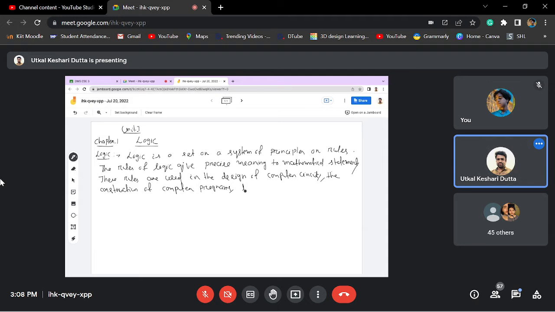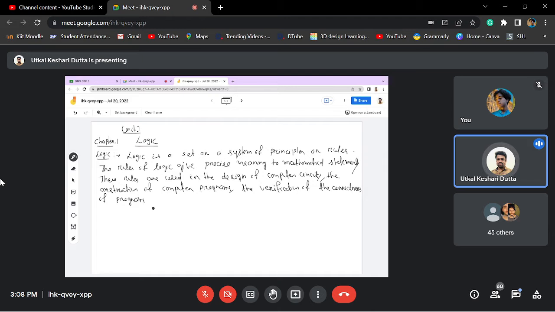Also, verification of correctness of your programs. That means when you are running a program, whether this program is valid or invalid, correct or incorrect, you can check by using logic.